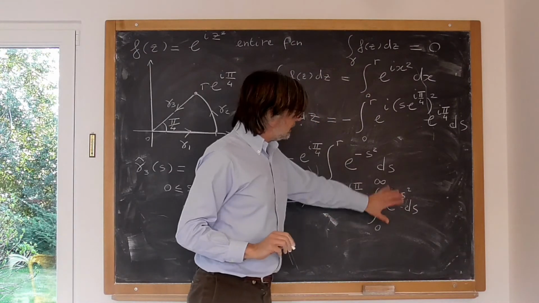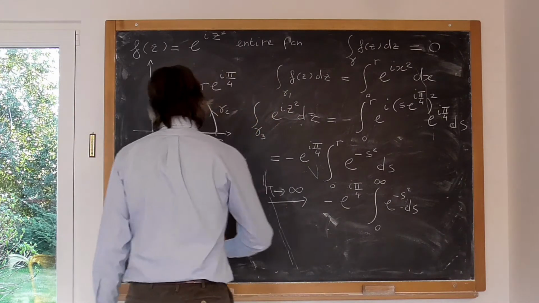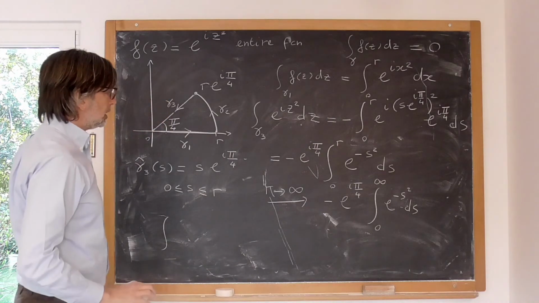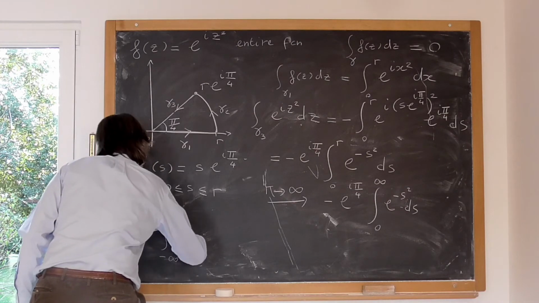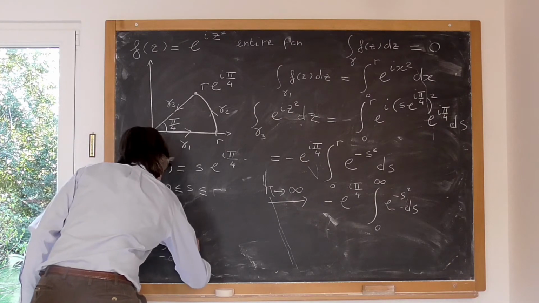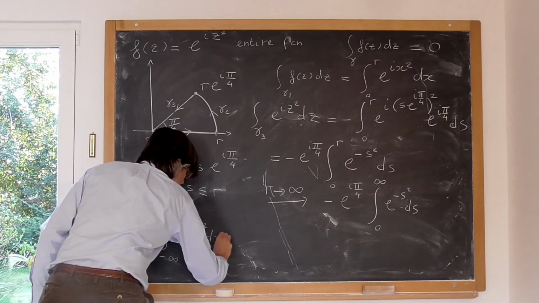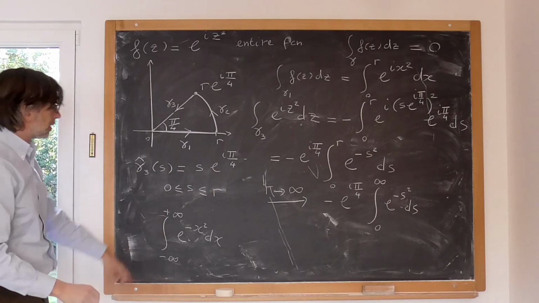So this is another important integral, and here now we will use the following fact. The integral from minus infinity to plus infinity of e to the minus x squared, the integral of this Gaussian function over the whole real line.